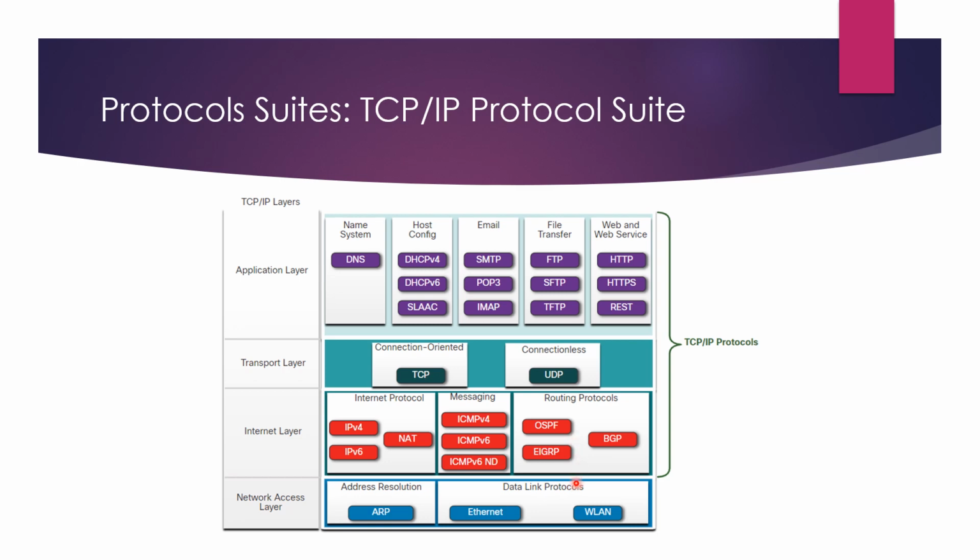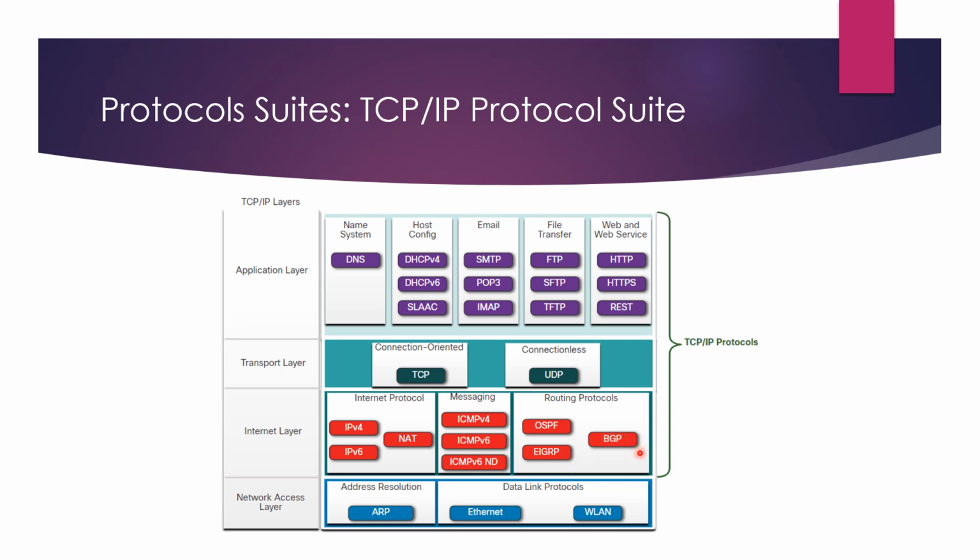We also have the Enhanced Interior Gateway Routing Protocol, which stands for EIGRP, and it's a routing protocol developed by Cisco that uses a composite metric based on bandwidth, delay, load, and reliability.